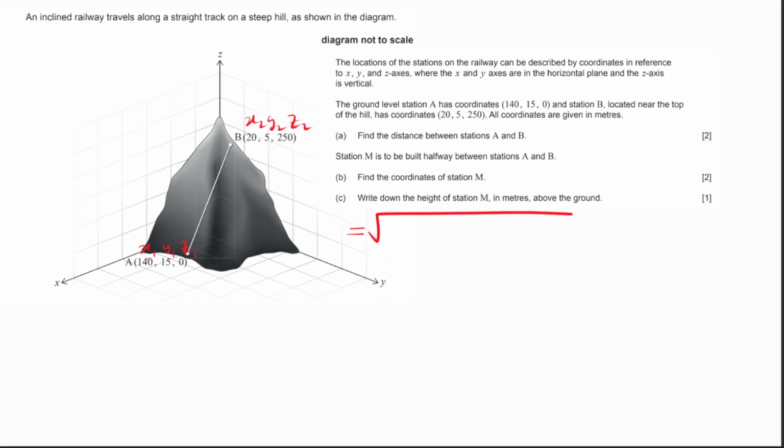Okay, so 140 minus 20, 15 minus 2, 15 minus 5 squared, and 0 minus 250.